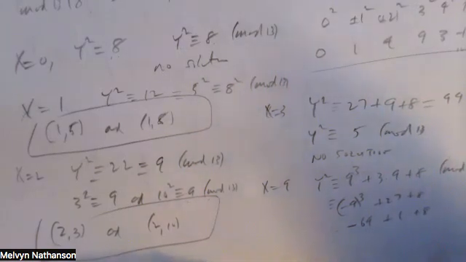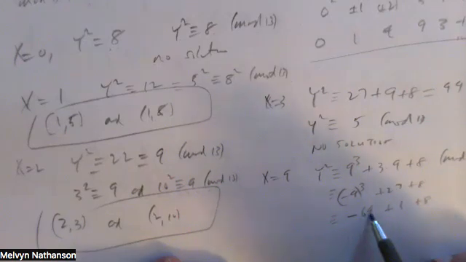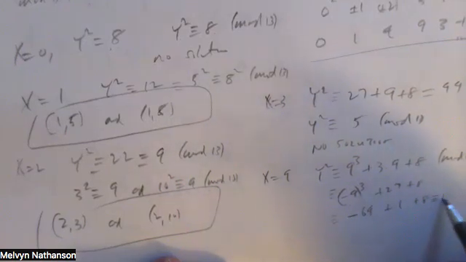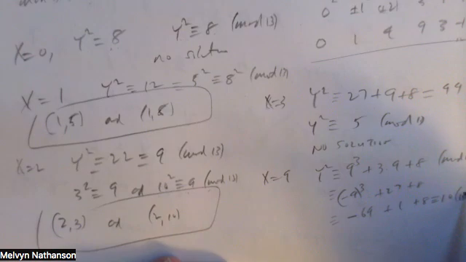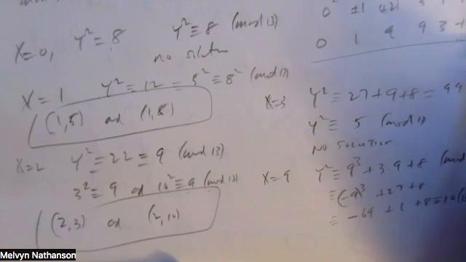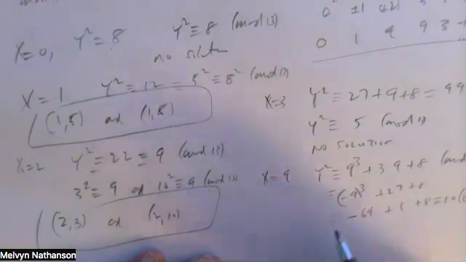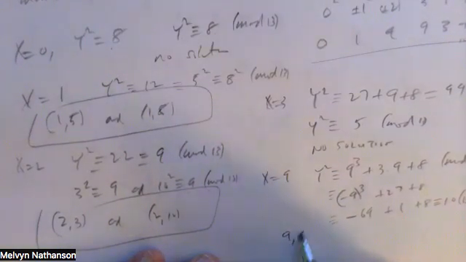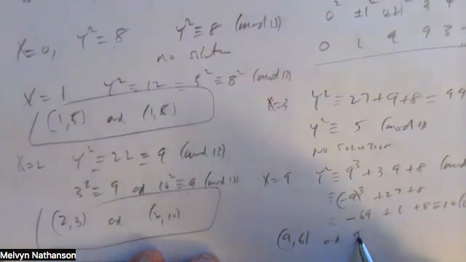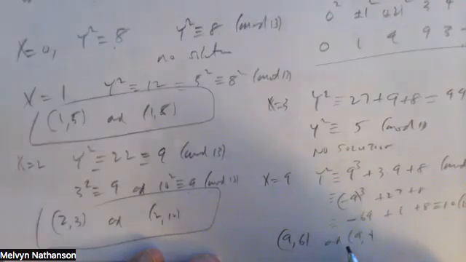Minus 65 is 5 times 13. So this is congruent to 10 mod 13. And we have a number, 6 squared is congruent to 10 mod 13, and also 7 squared. So when x is equal to 9, you get the points (9, 6) and (9, 7).